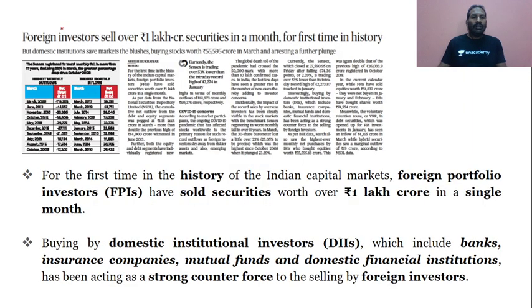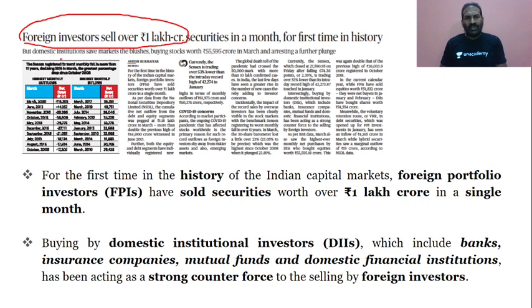And you have another news regarding foreign investors selling 1 lakh crore of securities. This is again in regards to the economy, wherein the FIIs, or foreign institutional investors, or foreign portfolio investors, have been in a panic selling spree in a month.